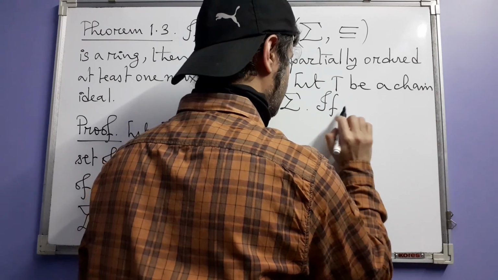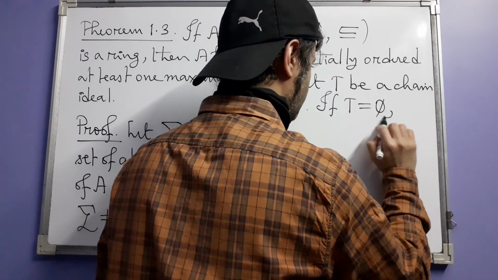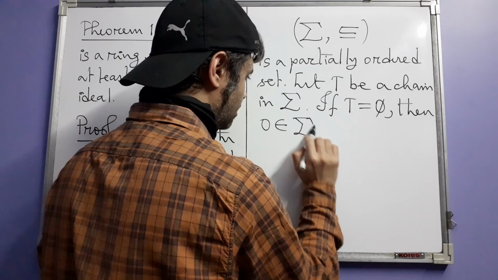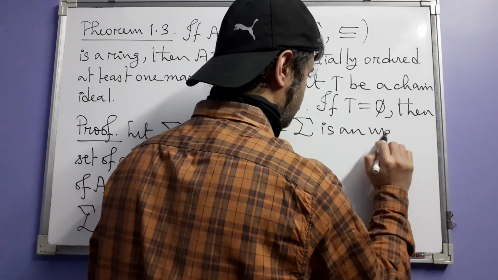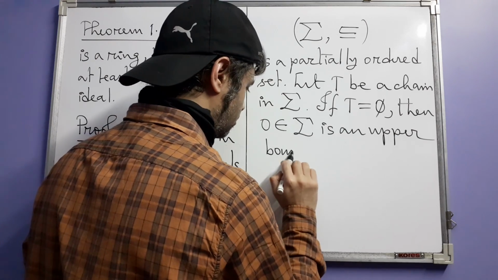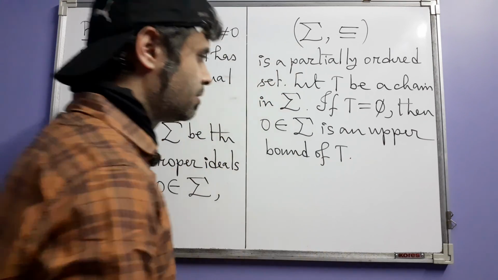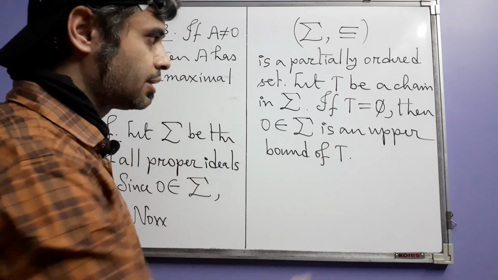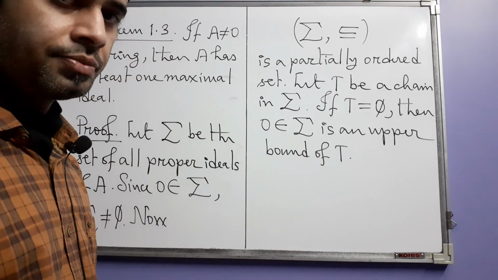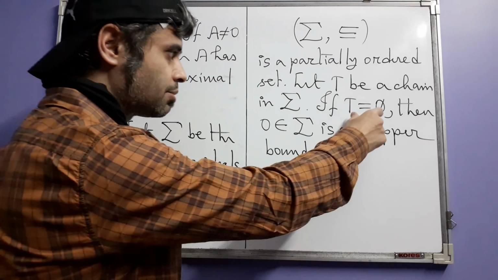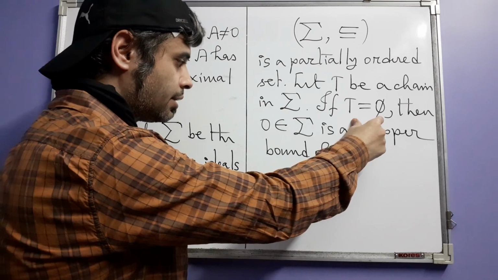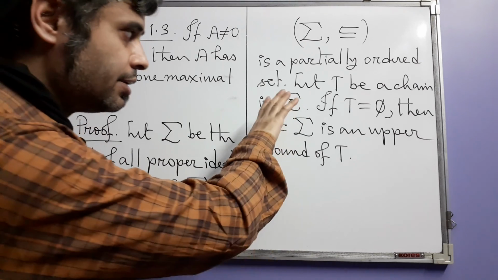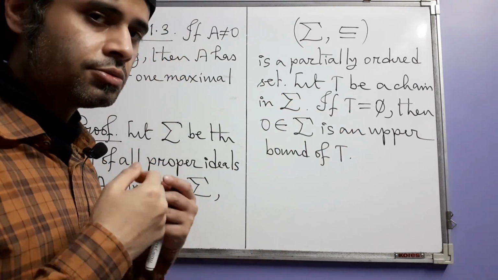If T is empty, then the zero ideal, that element in sigma, is an upper bound of T. I am not going to explain how this case is really a case, that is how the empty set is in fact a chain in any partially ordered set, and so this possibility can arise, and how 0 is an upper bound of T. I leave the explanation of this sentence to you entirely.